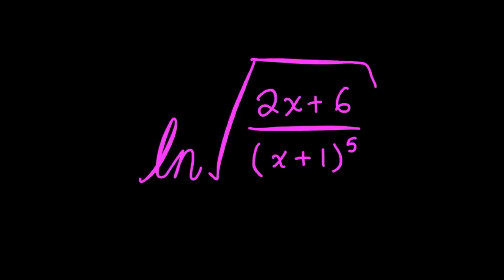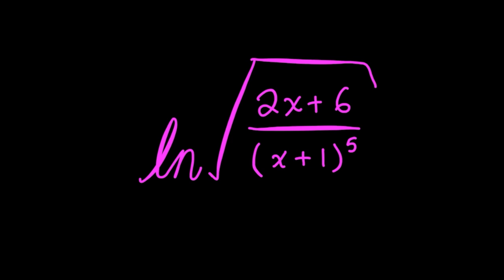Now our last example might seem complicated, but it's not that bad if you look at it in steps. So first I have that square root, and that is preventing me from breaking this quotient up. So what do I do?